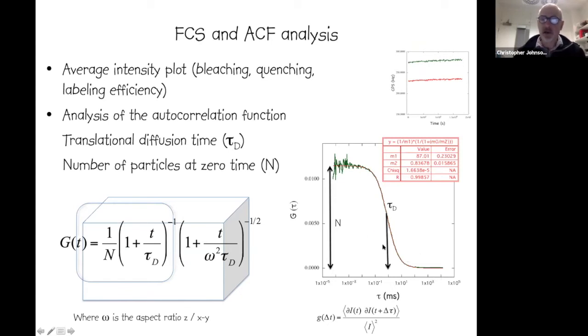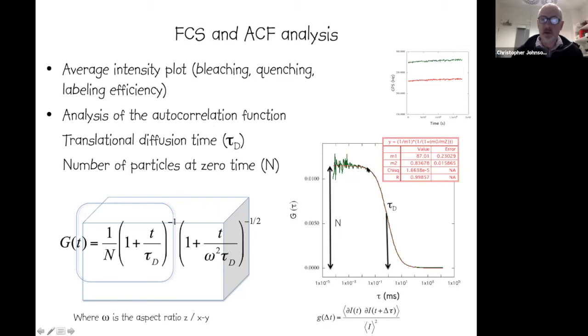So here's an FCS correlation curve. And what we get is both an intensity plot shown up here at the top on the right. This is just the intensity or the photon counting rate from the two APDs. So we can look at intensity, we can look at bleaching, that would be a decline in signal, we can look at quenching, and we can also observe the labeling efficiency of our labeled sample.